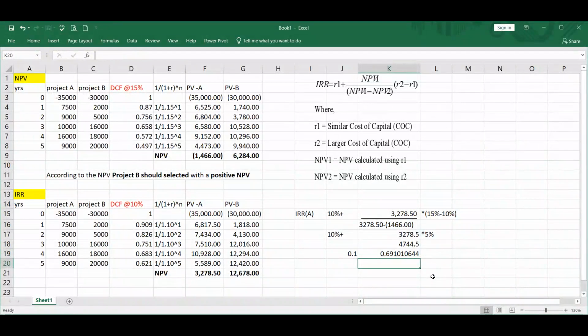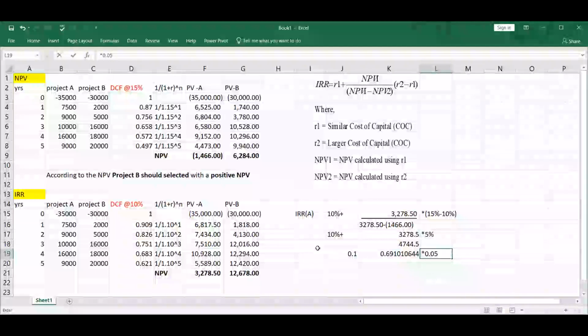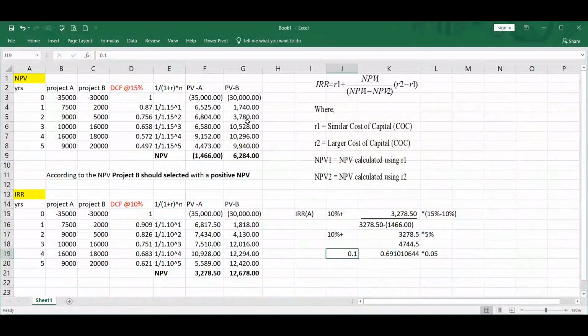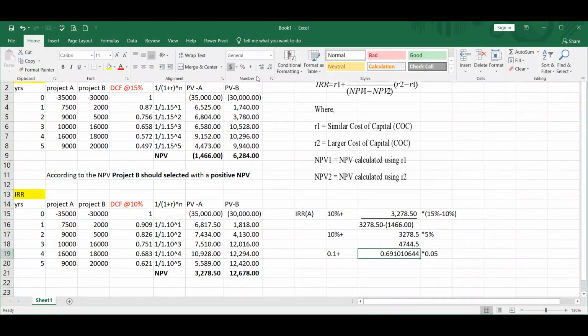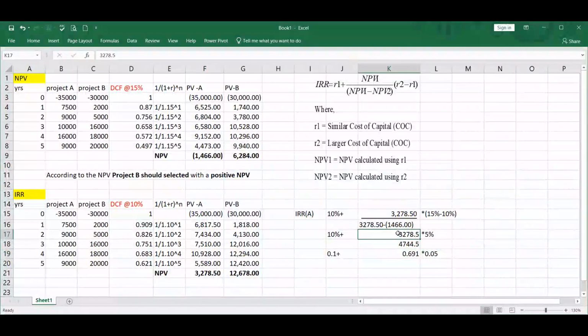Then you have to multiply it with 0.05. So just take 3 decimal or 2 decimal places, it's okay. Now what is the answer?